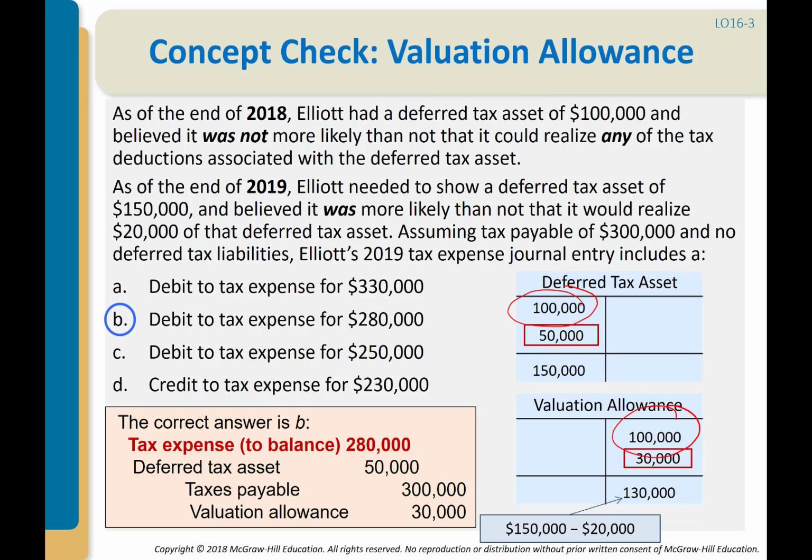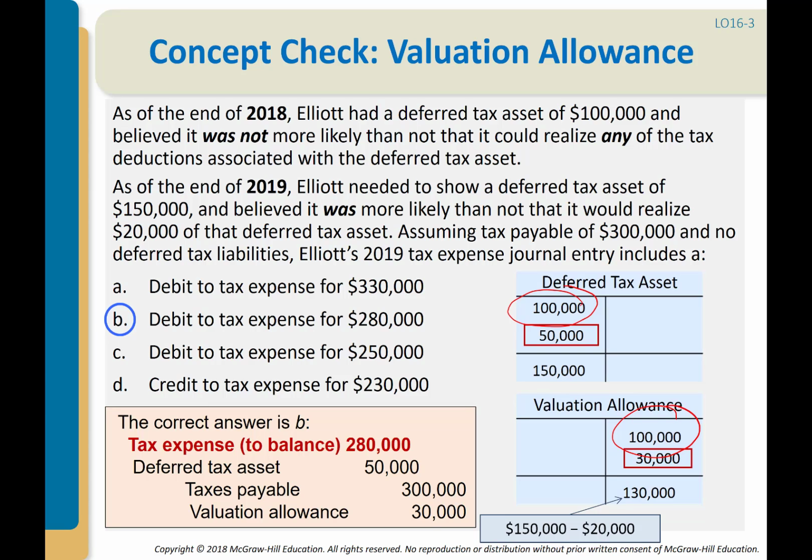And so what happens? We determine that we needed 150,000, so we have to increase the deferred tax asset by 50,000 from 100, right? And then we take a look at the valuation allowance, and what do we say?